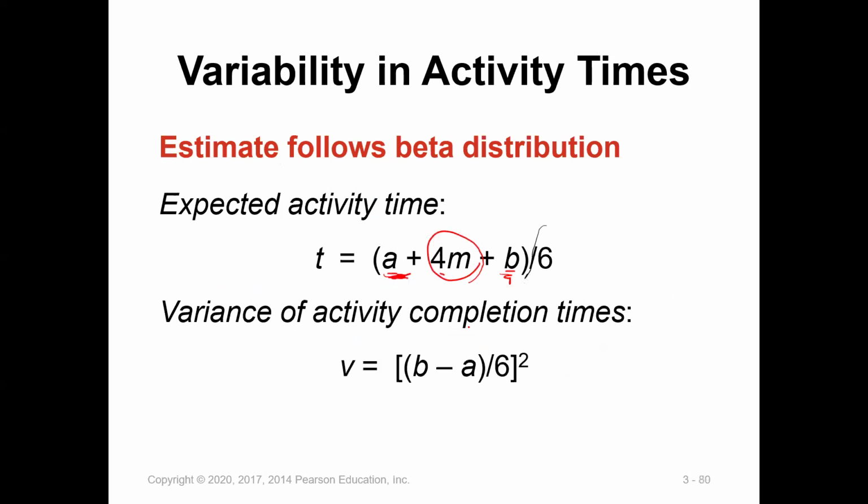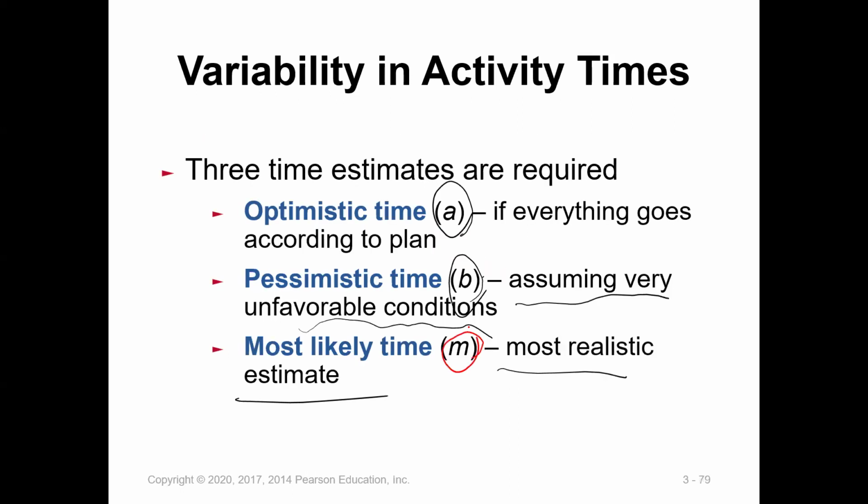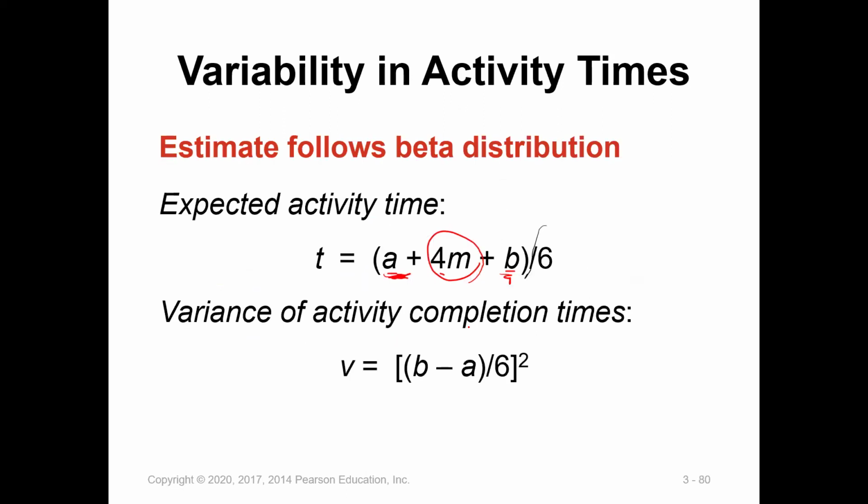Okay, how do we calculate the expected time for an activity if we are given the A, M, and B? We said we have A, B, M. So A refers to the optimistic time, B to the pessimistic, and M to the most likely. If we are given these times, we can calculate the expected time for the activity.